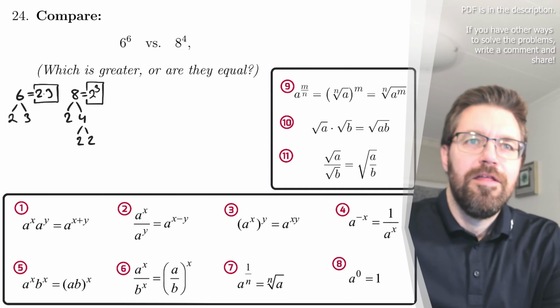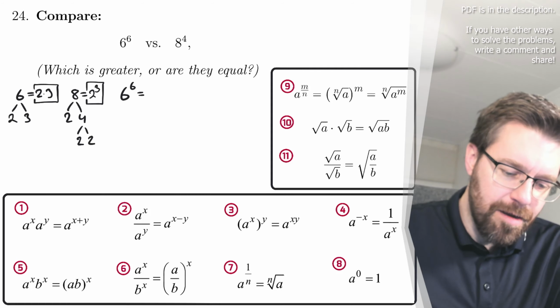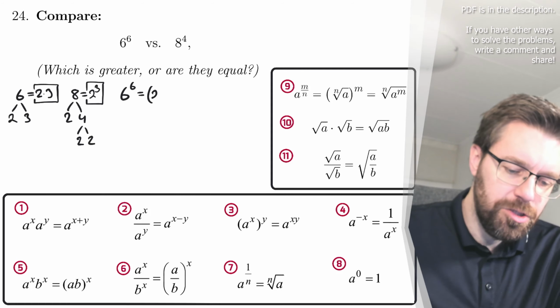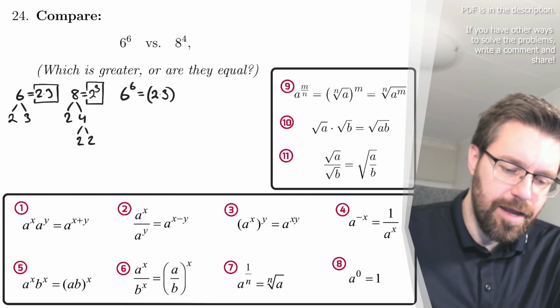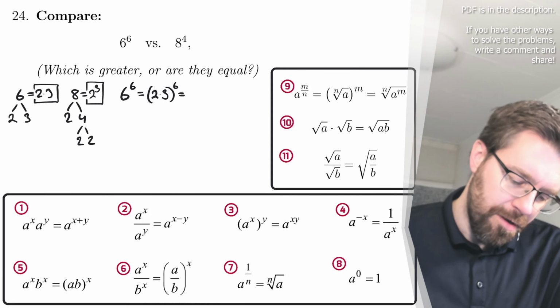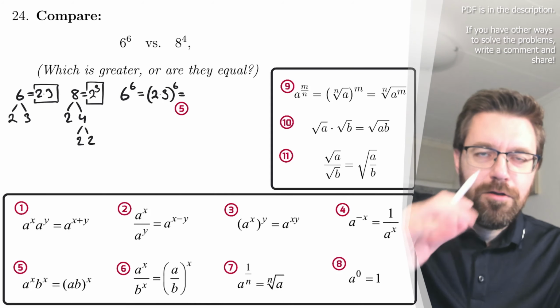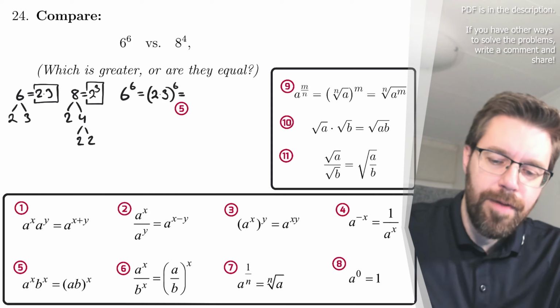Okay, so the base 6 we can change to base 2 times 3, and then raised by 6. And then we can use rule number 5 from right to left to get the exponent to move into the base, into the parentheses.